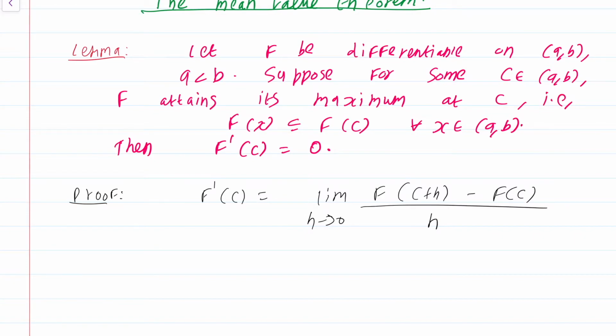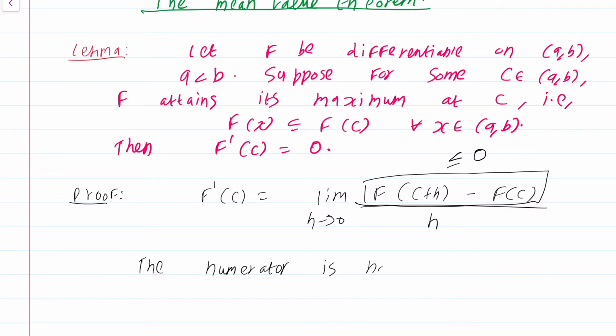Now note that the numerator is always going to be less than or equal to 0, because the point of maximum is at c. So the numerator is non-positive. But the denominator could be positive or negative depending on whether h is greater than 0 or h is less than 0.